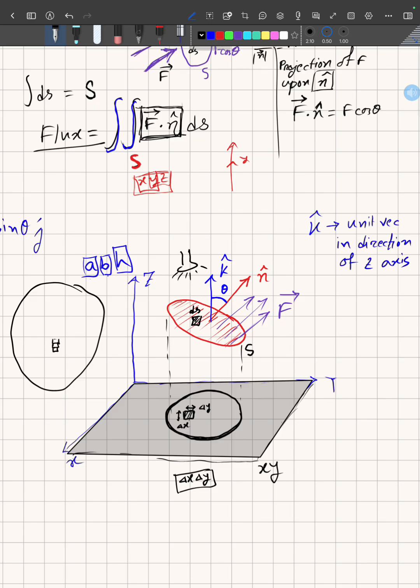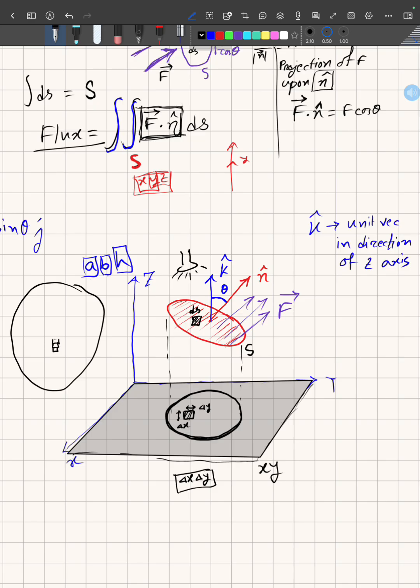This is the surface on the xy plane. So the projection of that small portion of surface we took, ds, is the projection of that ds on the xy plane. Great. Now, how do we correlate between this ds and del x del y?